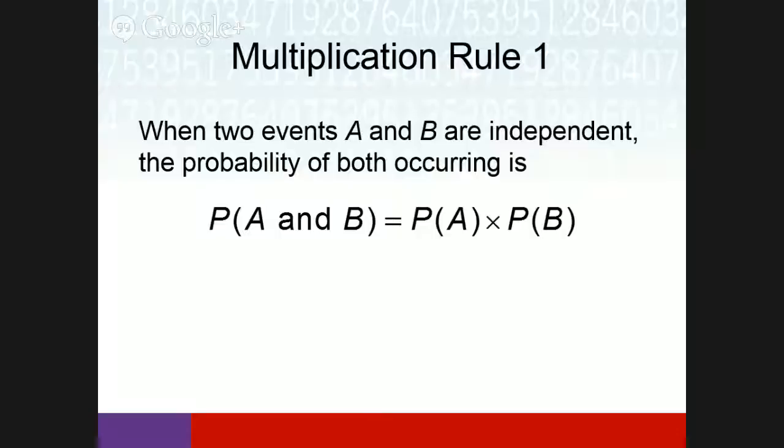So the multiplication rule here, when we're looking at independent events, we're looking at the probability they both occur. What's the probability of A and B occurring? So a lot of times event A and event B are two separate events. What's the probability of getting an ace and drawing a 6 of hearts?